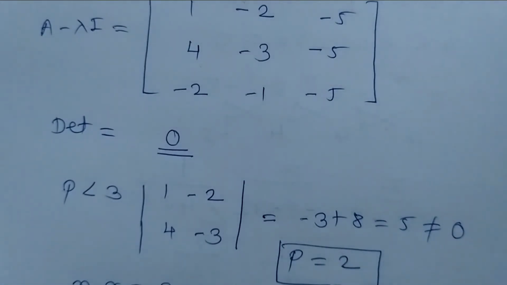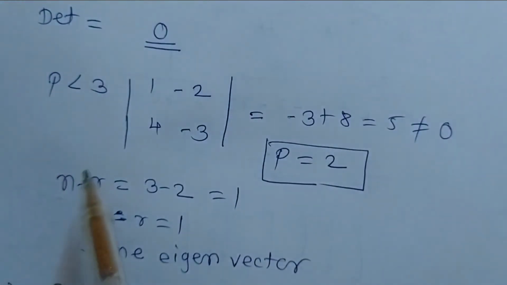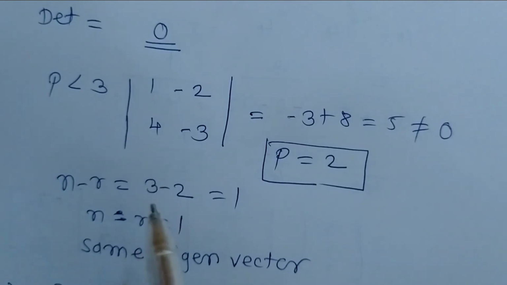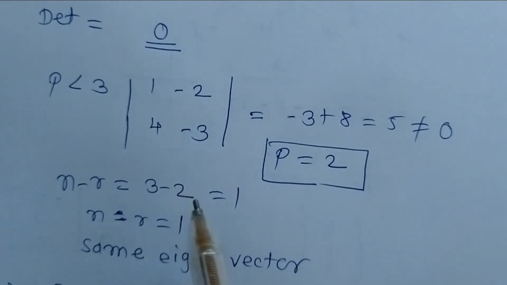Then we have to find n minus r. n is the order of that matrix, that is 3 by 3, so n is 3 and r is 2. So 3 minus 2 is equal to 1, so n minus r is equal to 1.